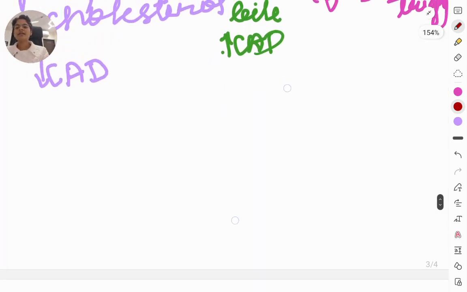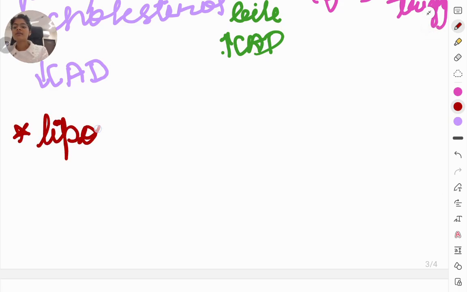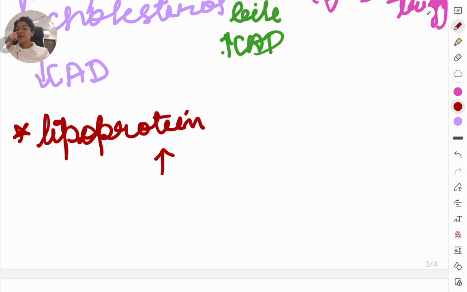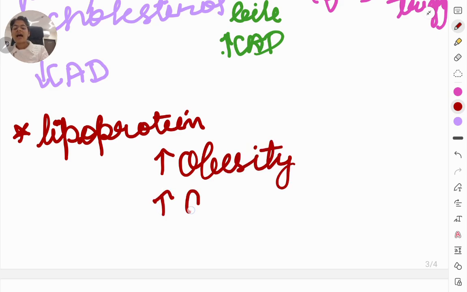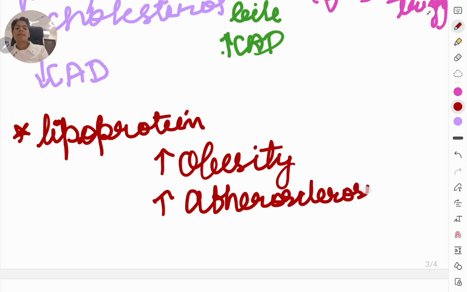Lipoprotein has a role in lipid metabolism, and it also increases risk. I talked about the liver, the heart, and also fatty changes. So it increases obesity, atherosclerosis, and also liver diseases.